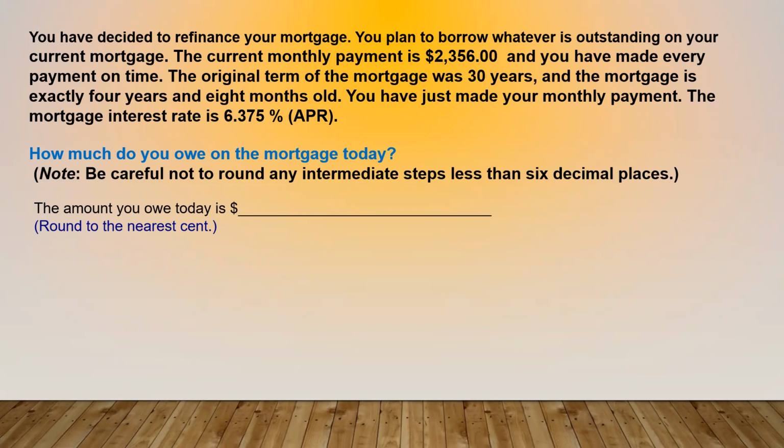So first of all, to find out what is owed for the remaining period, we have to compute the present value of the remaining payments. To do this, we first have to compute the discount rate by using the loan interest rate, or the APR.